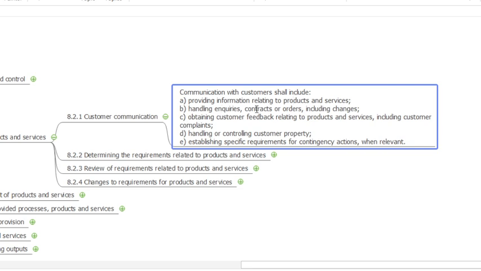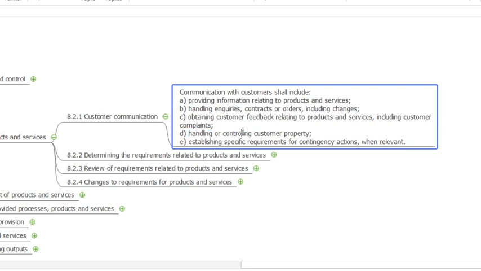Handling inquiries, contract or order, including changes. Obtaining customer feedback, whether we are taking customer feedback or not for the product and services, including customer complaints. A customer complaint is also customer feedback, where he tells us what the problem in the product is and how we can improve. And sometimes they ask for 8D reports for this.